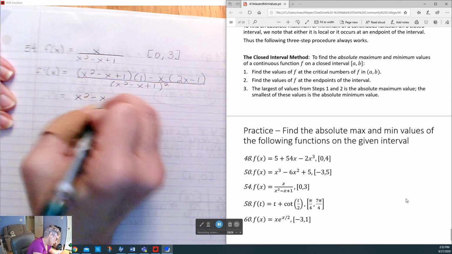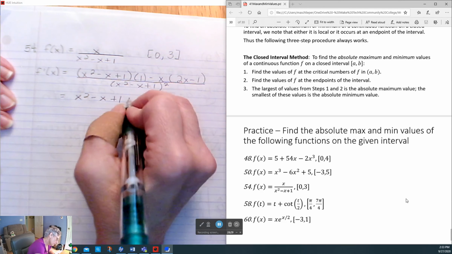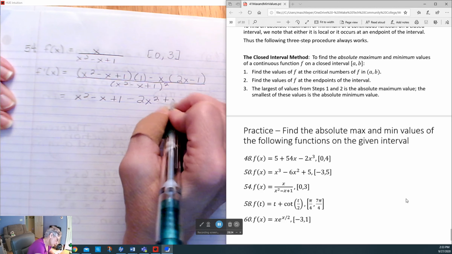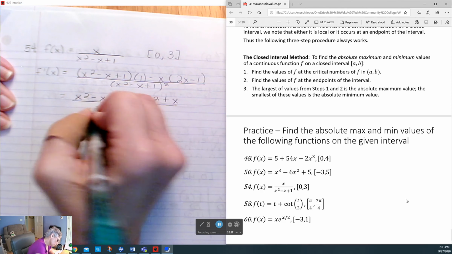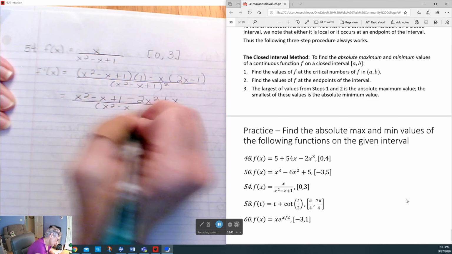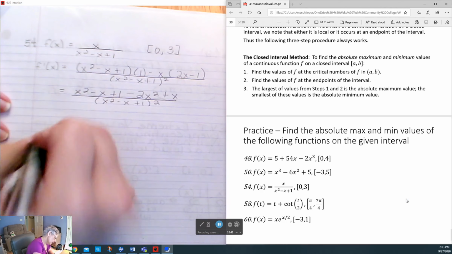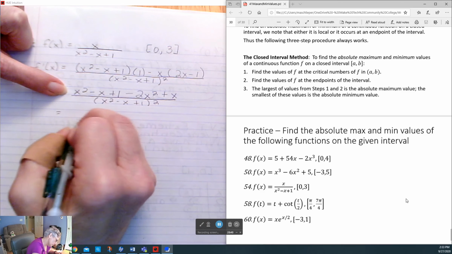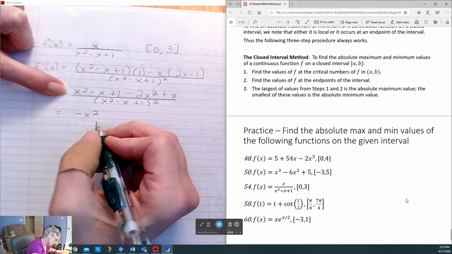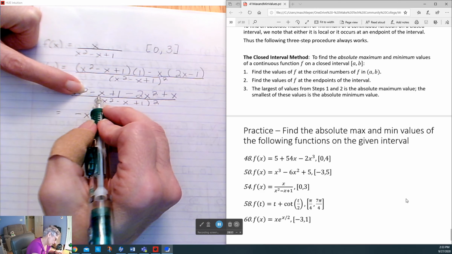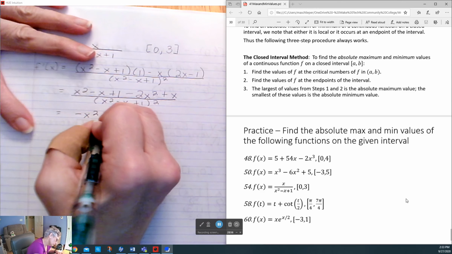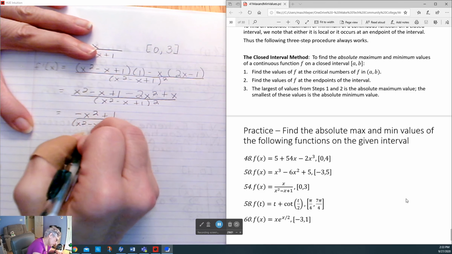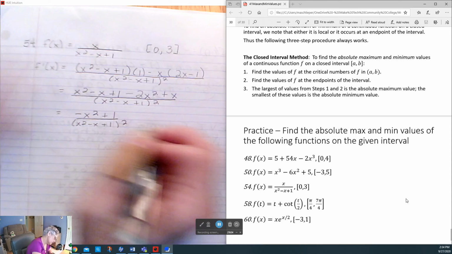X squared minus x plus 1 minus x times 2x minus x times minus 1. And combining stuff, I have an x squared minus x squared minus 2x squared, which means minus x squared, I have an x minus x plus x. So x squared minus x plus 1 squared.